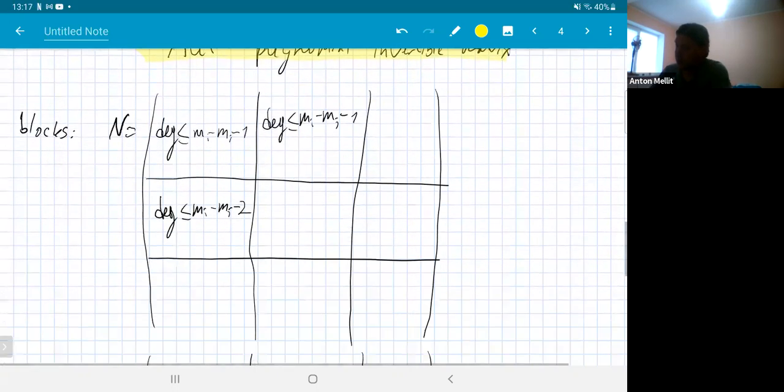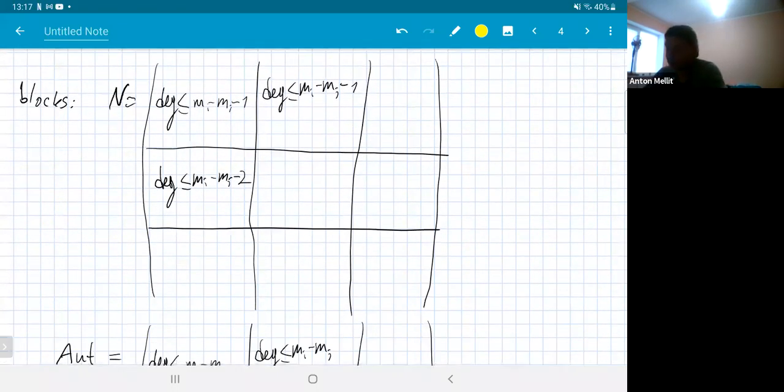And the conditions are now involving m. Before, the condition was that the matrix is upper triangular. Now we put a restriction on the degree of polynomial entries.